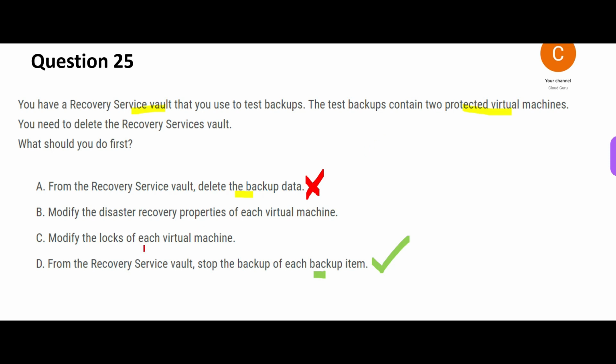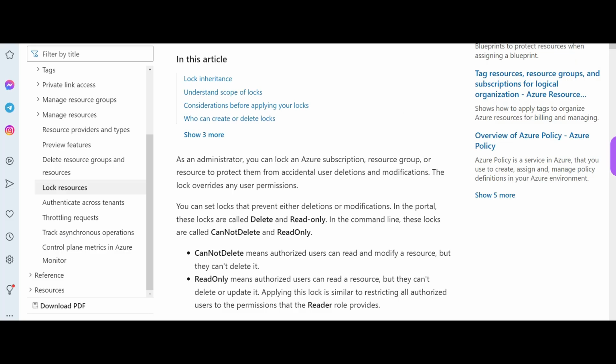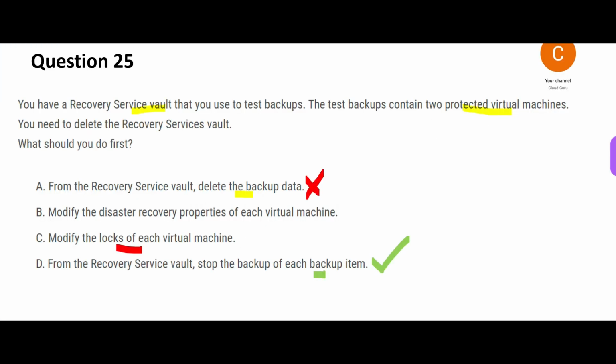Now C says we will modify the locks of the virtual machine. Why do you lock? Because you want people not to delete, or you want certain things to be read only. They should not overwrite it. That's why you lock. So what does backup do? It will read. So the lock will only help you; the reads will continue.